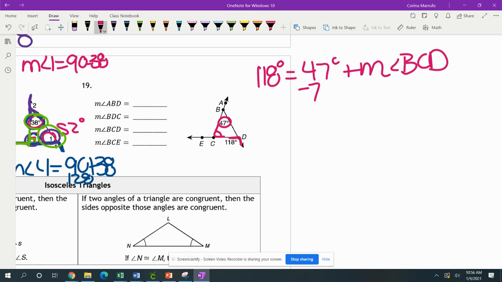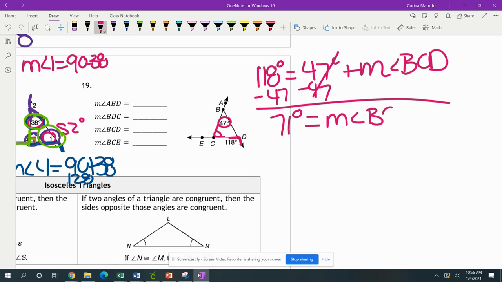So to figure out what that is, we subtract the 47. Minus 47, minus 47. This cancels. Let me do 118 minus 47. That gives us 71 equals the measure of angle BCD. So this one's going to be 71.